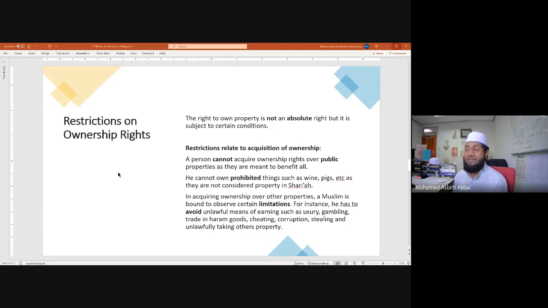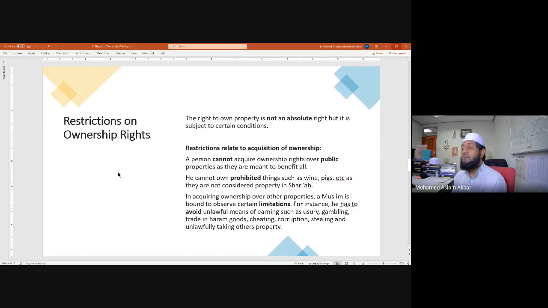We discussed this in the theory of property, where we talked about what things are valuable properties and what things are not. Whenever prohibited items come up, like wine and pigs, they are not valuable properties, so you cannot acquire ownership over them.